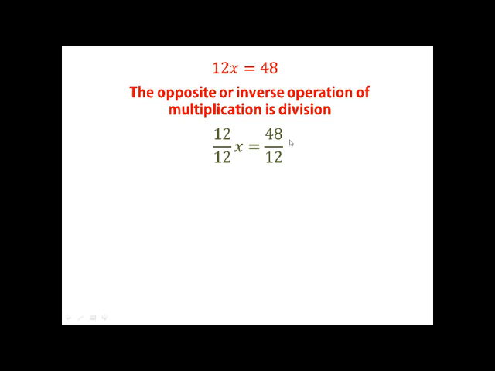So we're going to divide both sides by 12, because 12x is the same as 12 over 1. And here we have 12 divided by 12 is 1, x, which is the same as x. And 48 divided by 12 is 4.